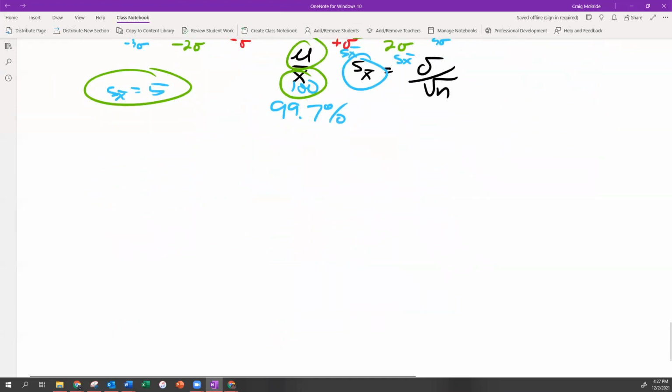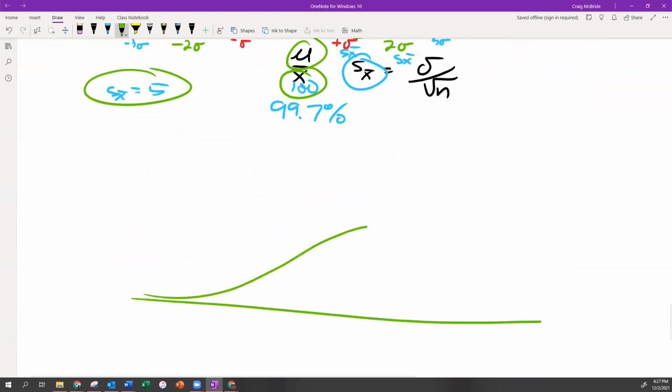With a hypothesis test, the null hypothesis says that our normal curve is centered right here, that the average is equal to 35. So this is sitting on 35 on the number line. Then our alternative hypothesis, H1, is that the mean is actually greater than 35.